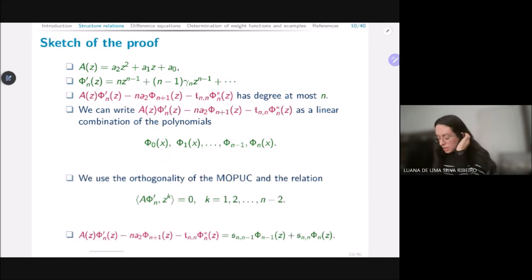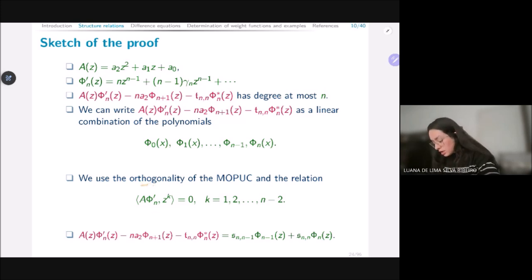If we use the orthogonality of the monic orthogonal polynomials, and also this relation here, which comes from the hypothesis that the wave function satisfies the Pearson-type equation. This relation here was first noted in the work of Magnus in 2013.